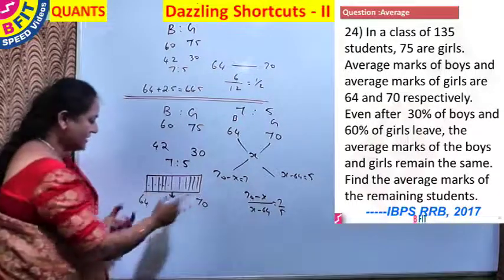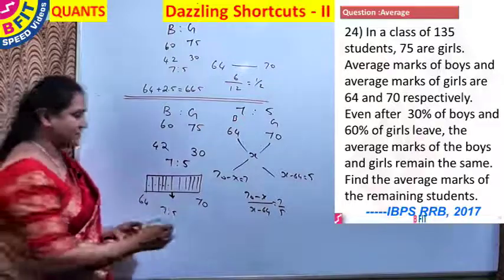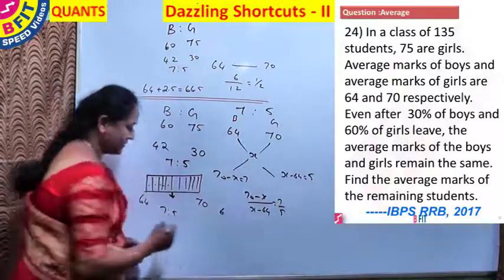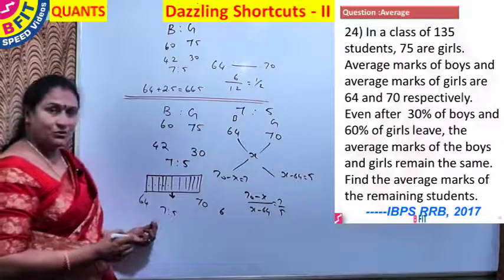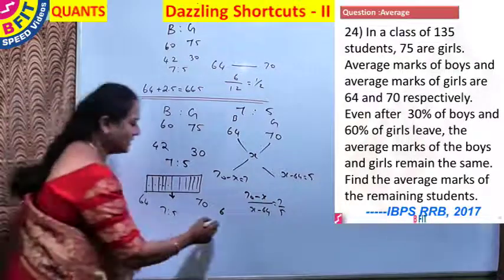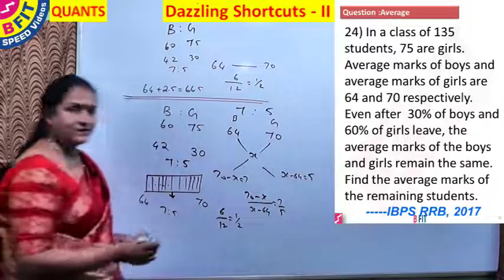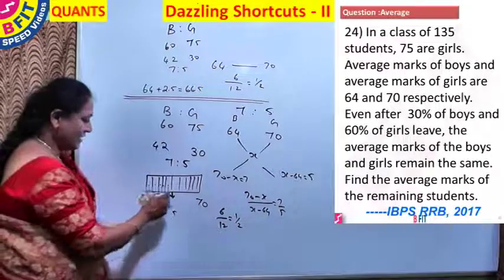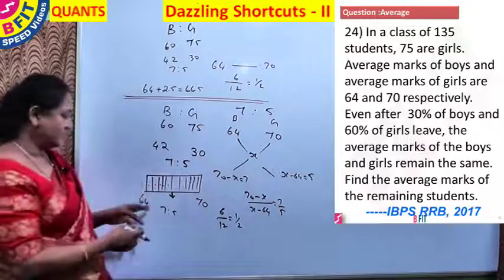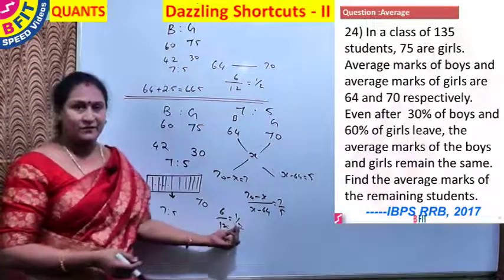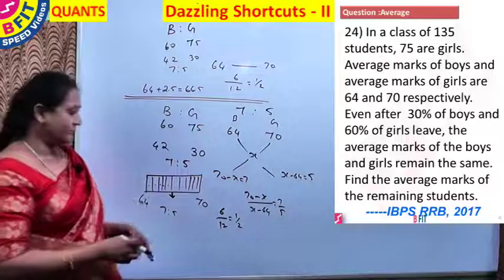Now what is the difference between 70 and 64? The difference is 6. This is divided into how many equal parts? 12 equal parts. So when you divide 6 by 12, one part is half. This average is 5 parts more than 64. What is 5 into 0.5? It is 2.5.